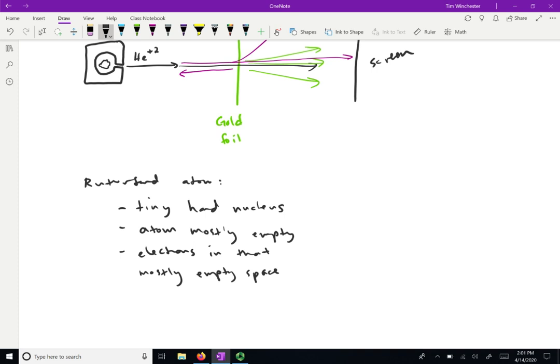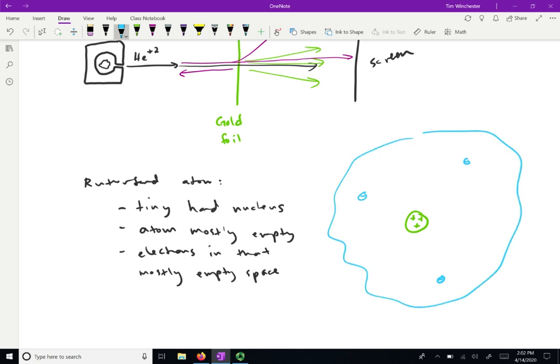So if you're going to draw this out, what you would expect to see is your small positively charged nucleus like this, and then you have these little electrons in this empty space around it, and your whole atom is this thing.